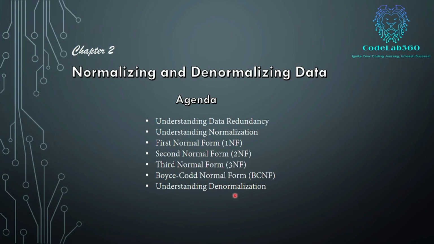This chapter explains the process of normalizing a database, discusses the various types of normalization, covers the first, second, third and Boyce-Codd normal forms, and lastly, understanding denormalization.